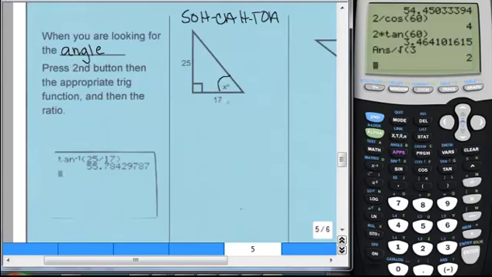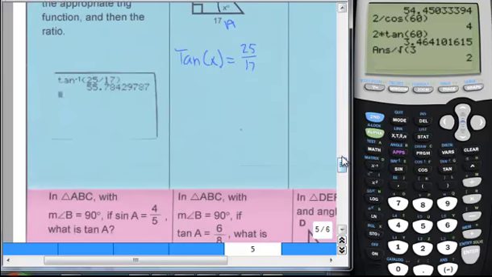Okay, so 17 is right next to this, so that is adjacent, and then across from there, that is the opposite. So the one that uses opposite over adjacent is tangent. So the tangent of x is opposite over adjacent, which is 25 over 17. So we cannot actually take the tangent of x. So to do that, you do what's called the inverse function. So it looks like this in your calculator.